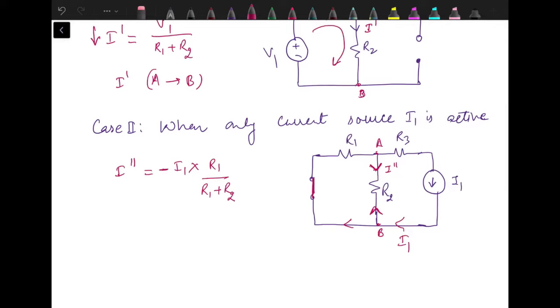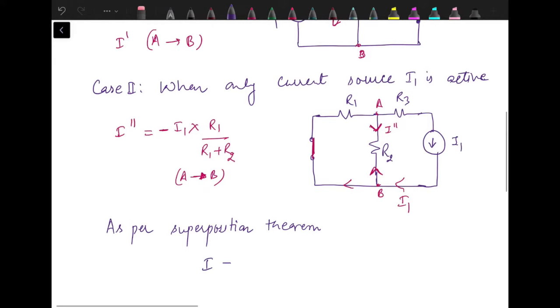Then now we have the two values of current. Now both are flowing from A to B. One is positive, second one is negative. As per superposition theorem, what we can do, we can superimpose these two currents and we will have the value of current I as I dash plus I double dash.